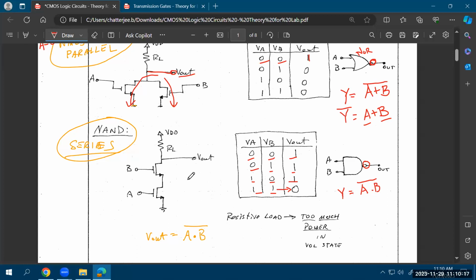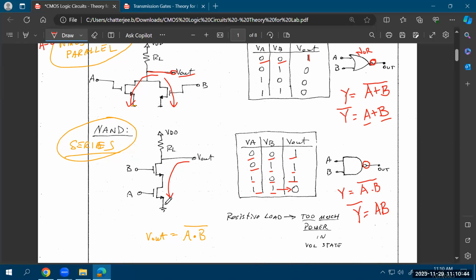So how would you design the logic is that first, again, you'll start with Y bar, and your Y bar is equal to AB, which means that you have to put these two transistors which are connected to A and B in series. Only when both of them are on, your output will discharge through this path. If any of them are off, your output will not discharge. The output can only discharge if both of these switches are short circuited.